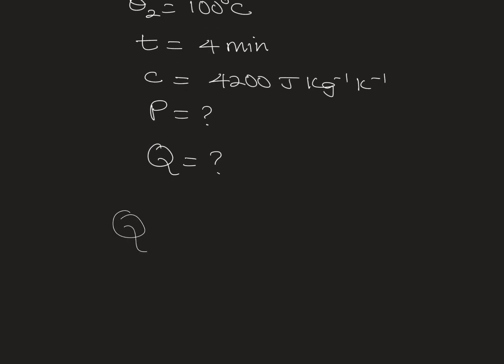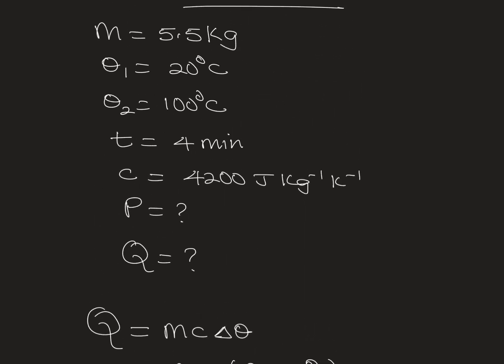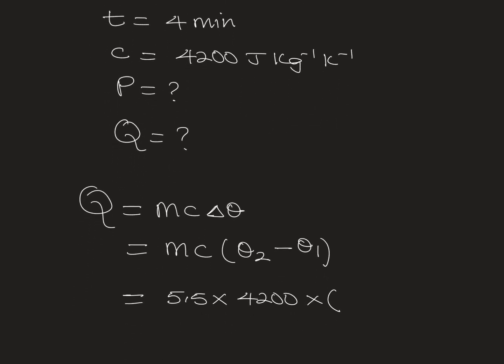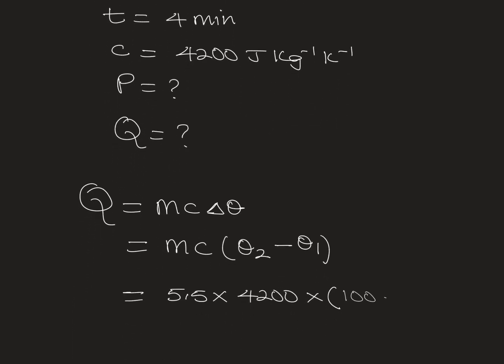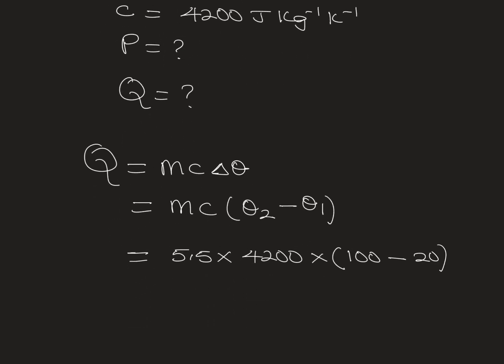We know that the quantity of heat is equal to MC delta theta. So that will be MC into theta 2 minus theta 1. So what is the mass? The mass is 5.5 kilograms multiplied by the specific heat capacity of water, 4,200, multiplied by the final temperature, 100 degrees Celsius, minus the initial temperature, 20 degrees Celsius.